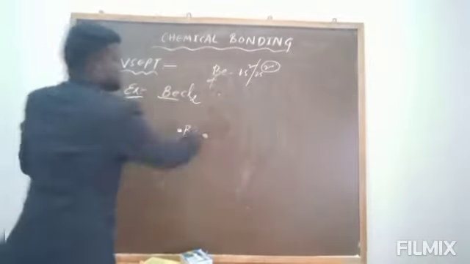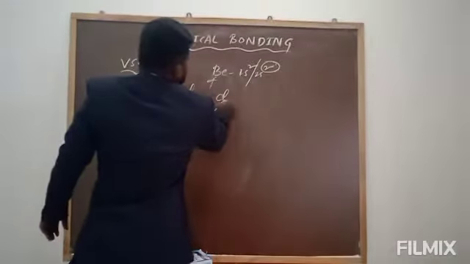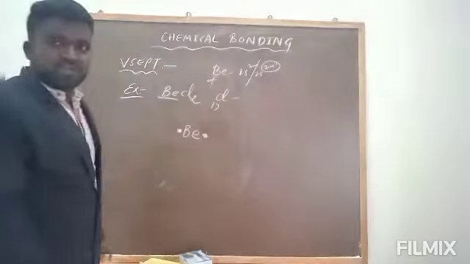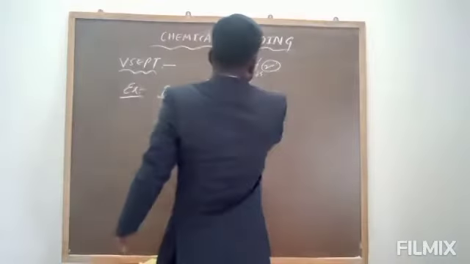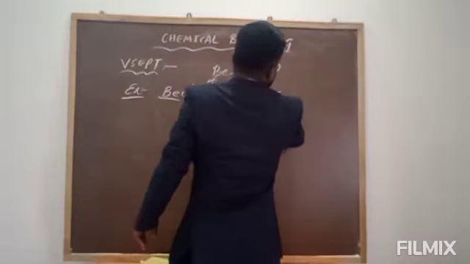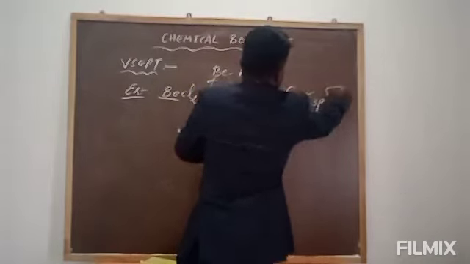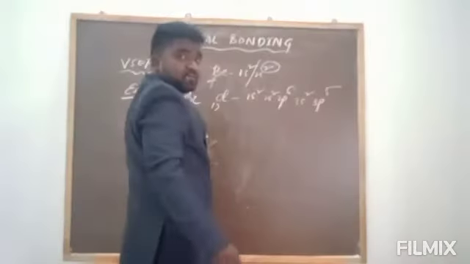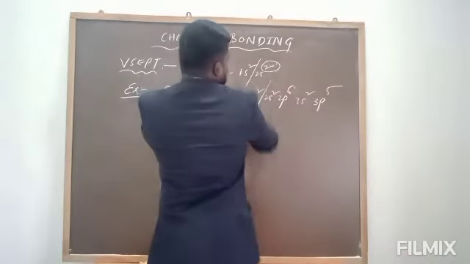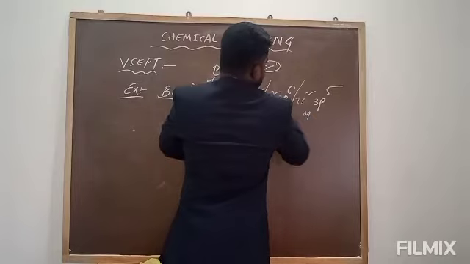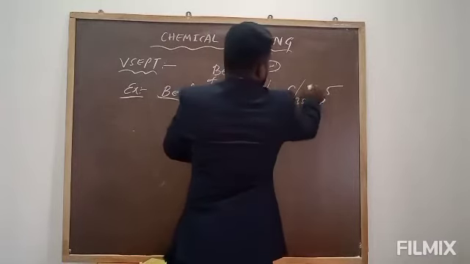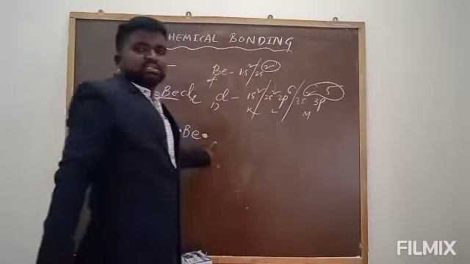Now chlorines are there. Chlorine atomic number 17. Electronic configuration 1s2, 2s2, 2p6, 3s2, 3p5. Now divide the shells: K shell, L shell, M shell. So how many valence electrons are there? 7.